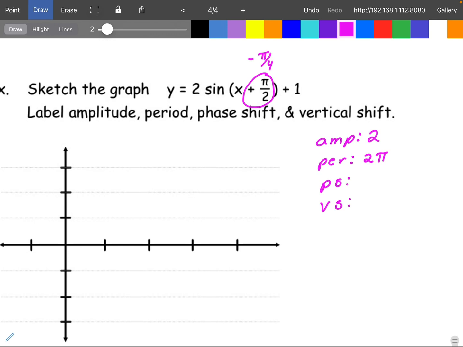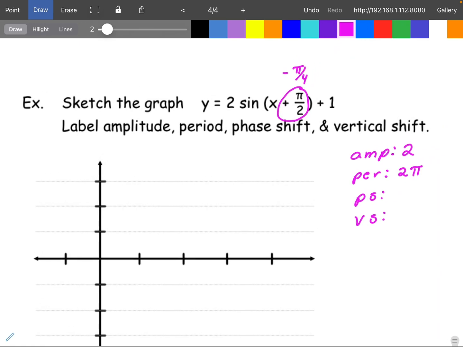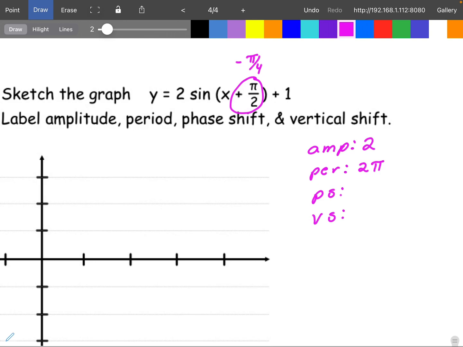So that's where your graph will begin, which tells me that I'm going to have to label some things on the left side of the y-axis this time, because my graph is supposed to begin on the negative side. Now, so this is going to be left pi over 2.